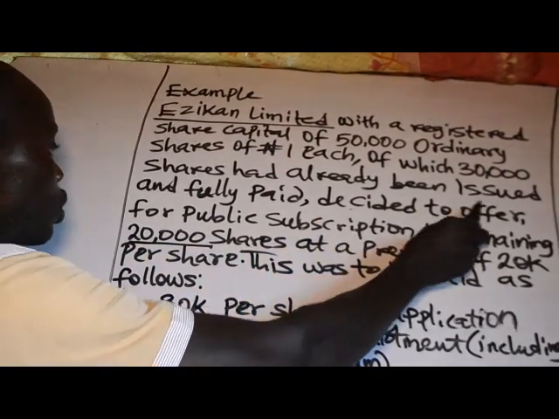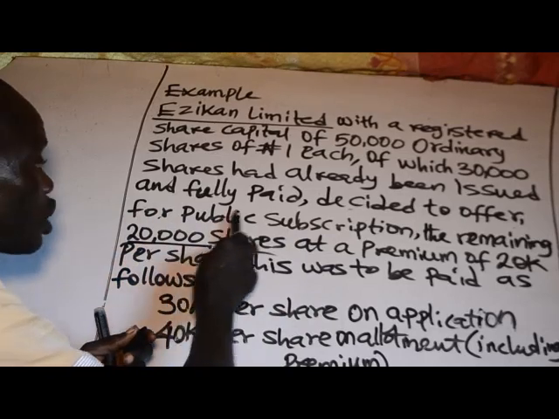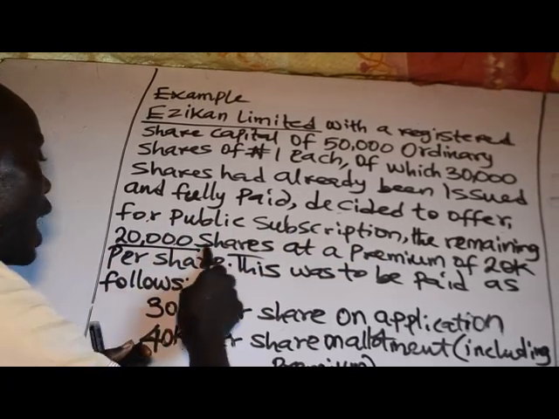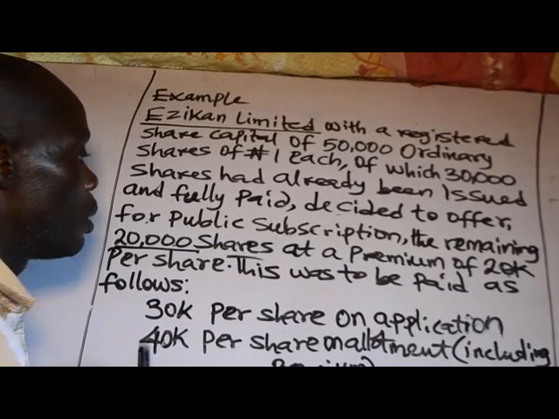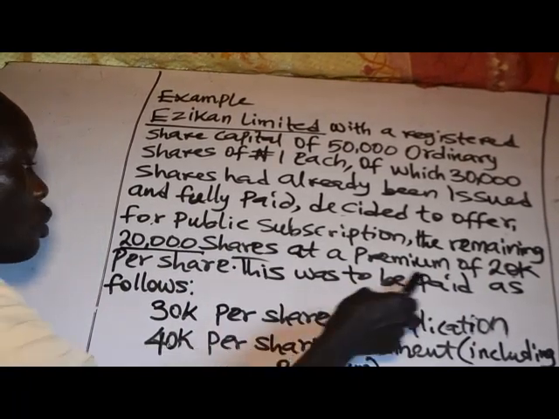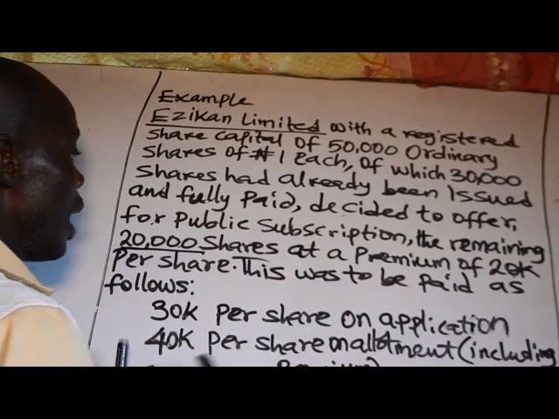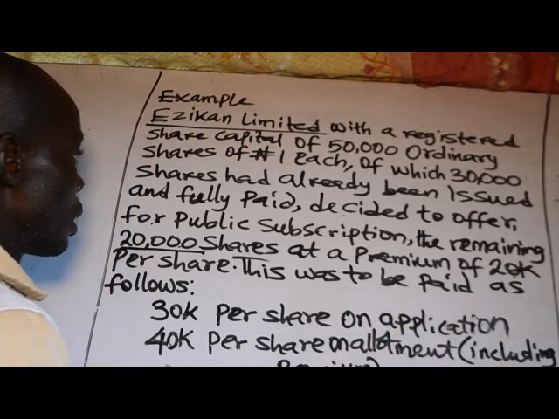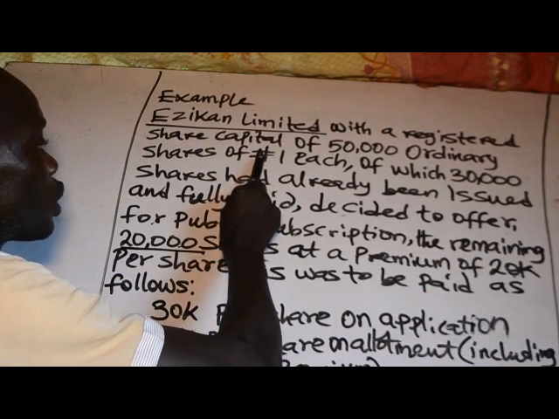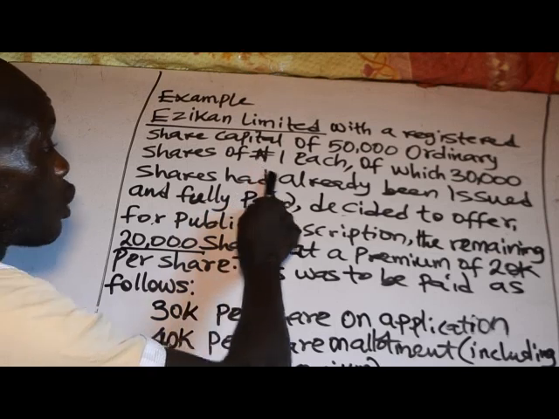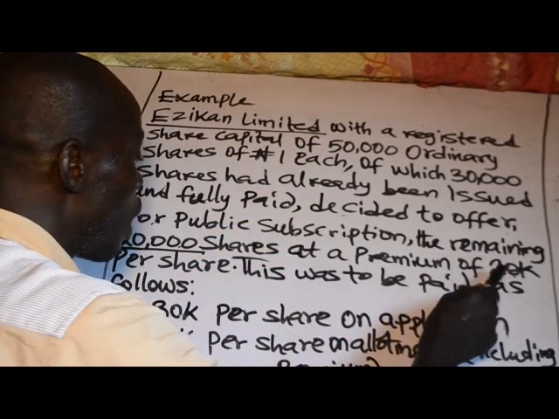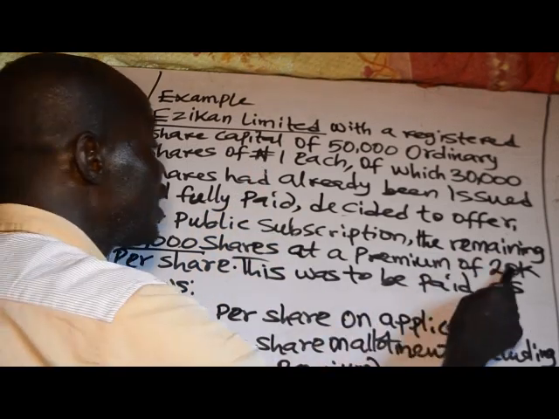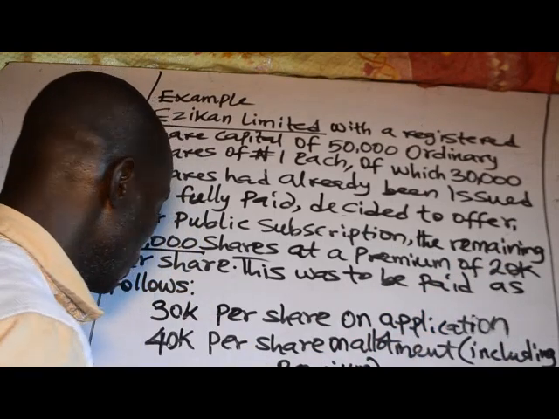The company decided to offer for public subscription the remaining 20,000 shares at a premium of 20 kobo. The par value of the share is 1 naira, and it was issued at a premium of 20 kobo. That means it is issued at 1 naira 20 kobo.